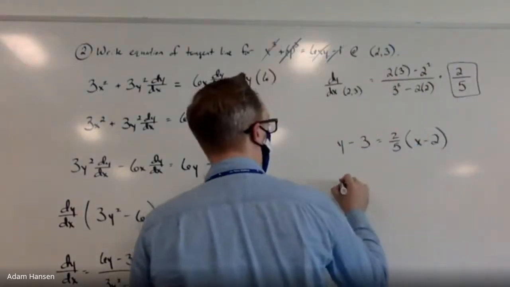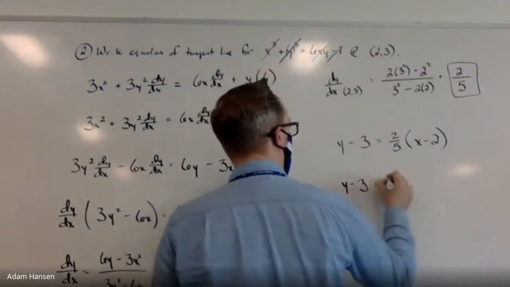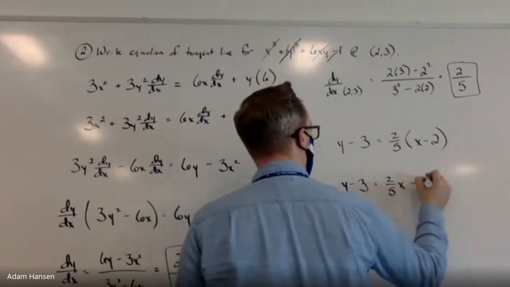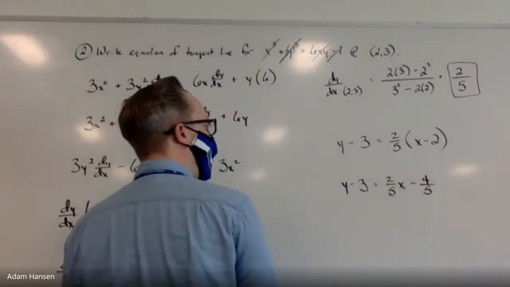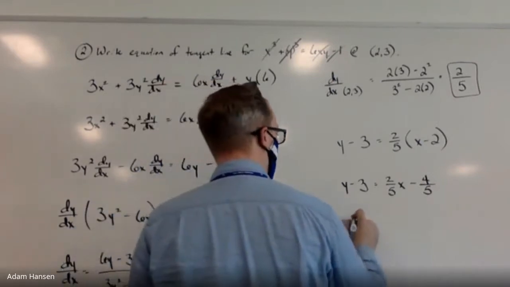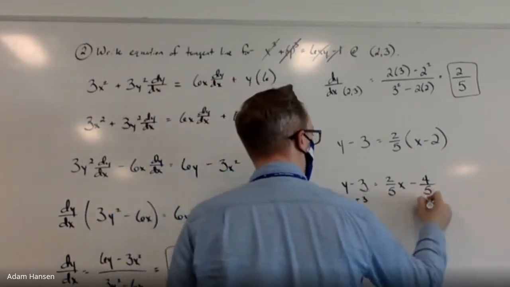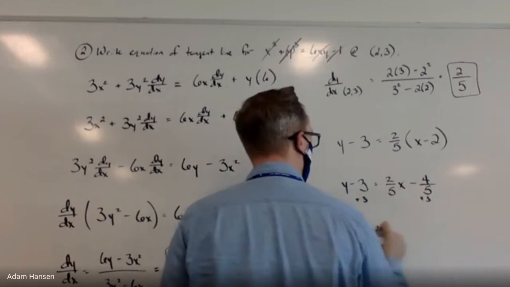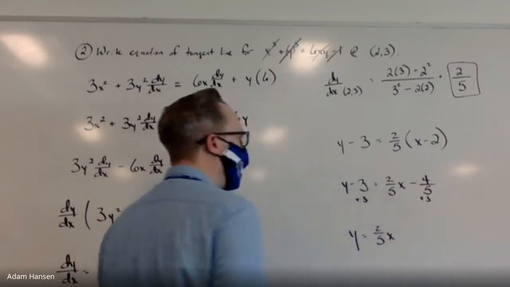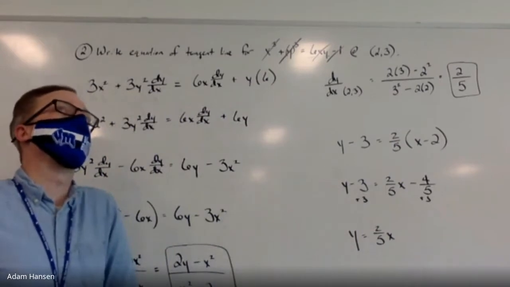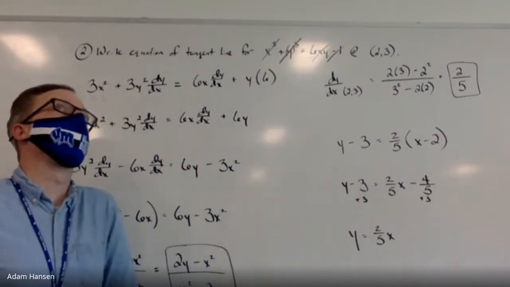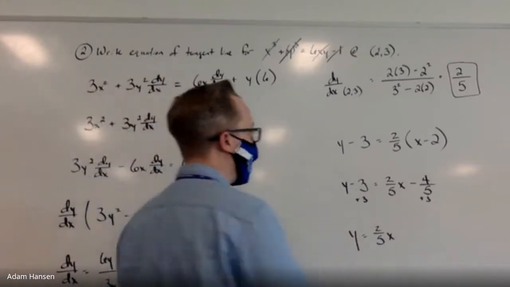All right, let's see if we can solve for y. Bring down y minus 3 equal to 2/5 x minus 4/5. Add 3 to each side, so y equals 2/5 x. Let's see, 3 minus 4/5. That's 15/5 minus 4/5. When I find common denominator, that's 11/5.